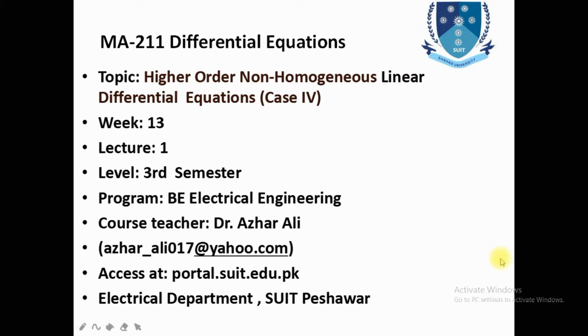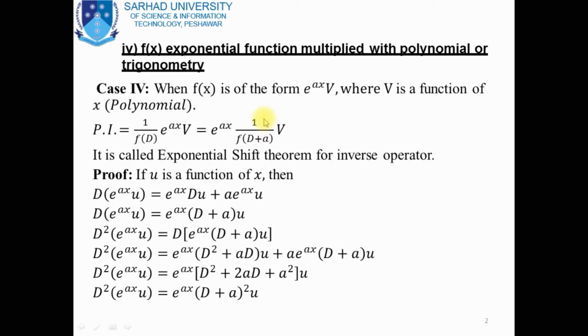Case number 4 means that the function is in the form of e^(ax) multiplied by v, where v is a function of x which is a polynomial. It means that the function f(x) will be an exponential multiplied with a polynomial or trigonometric function.